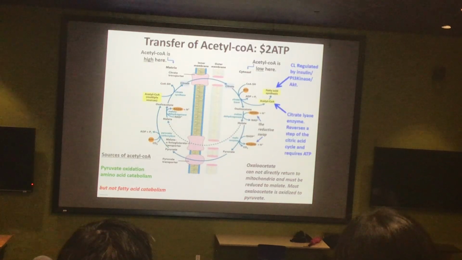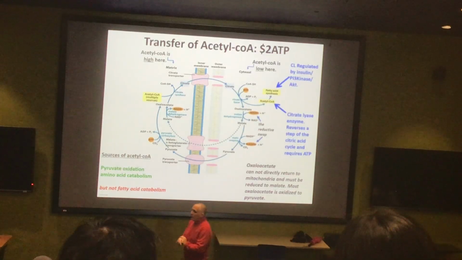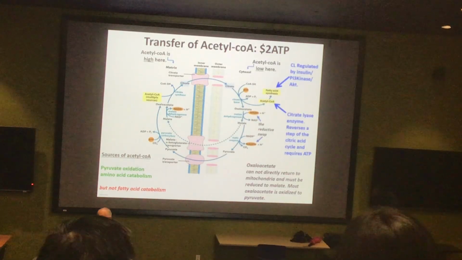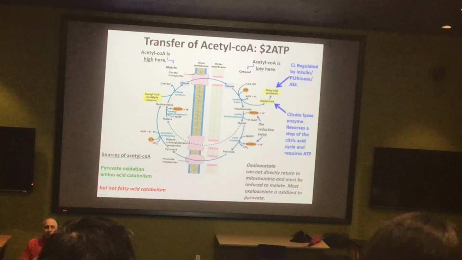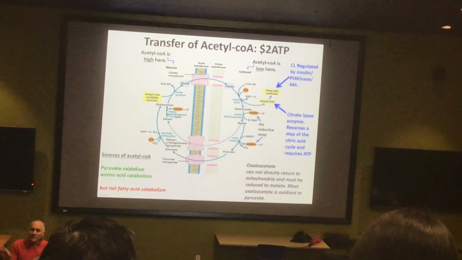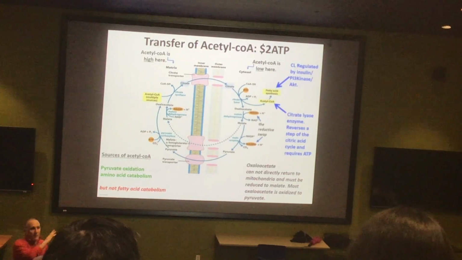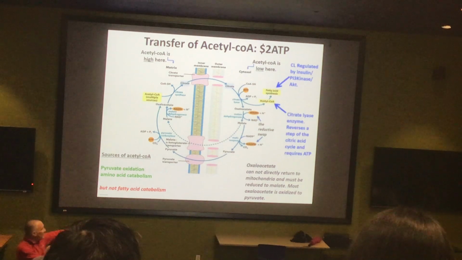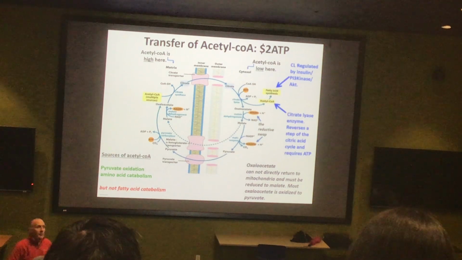We'll see the mechanism by which that works. So we have to get those acetyl-CoAs out of the mitochondria, but only if we are in an energy-rich state, right? So how do we make sure to only send the acetyl-CoAs out of the mitochondria into the cytosol when we are prepared to make lipids?